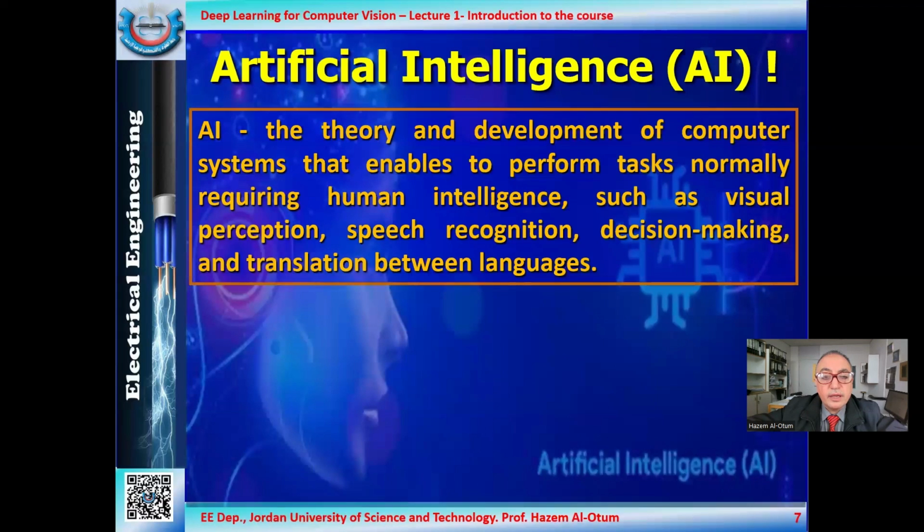It's an area of research where we develop the theory and applications to enable systems to perform tasks like humans, without requiring human intervention. This includes visual perception, speech recognition, decision making, and translation between languages.